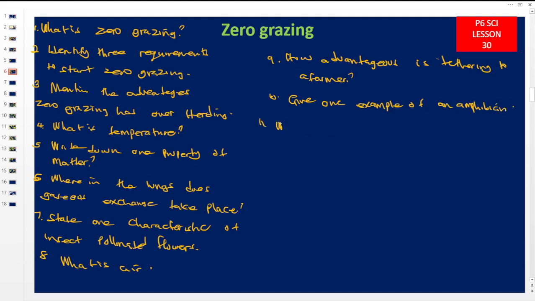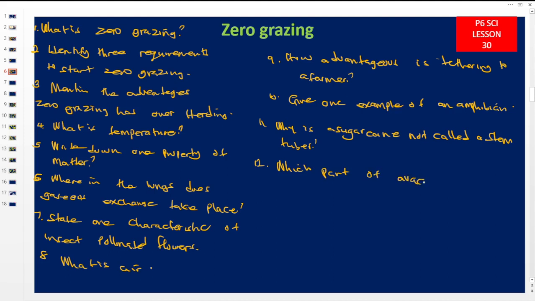Number 11: Why is a sugarcane not called a stem tuber? Number 12: Which part of a vacuum flask prevents heat loss by conduction?